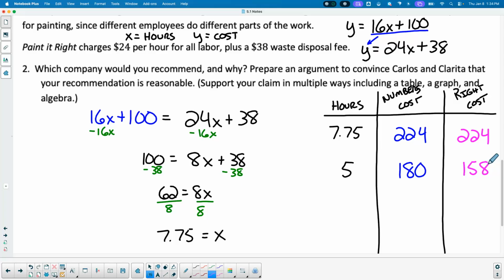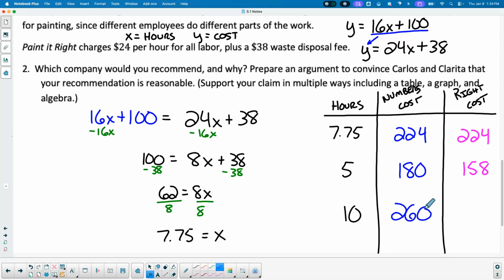Let's go with 10 then. 160 plus, 260, 240 plus, wait, that doesn't make any sense. Mine didn't make sense either, because when I did 9 for Paint by Numbers, I got 244, then Paint It Right, I got 254, then for 6, I got 196 and 182. Did we do some math wrong here?